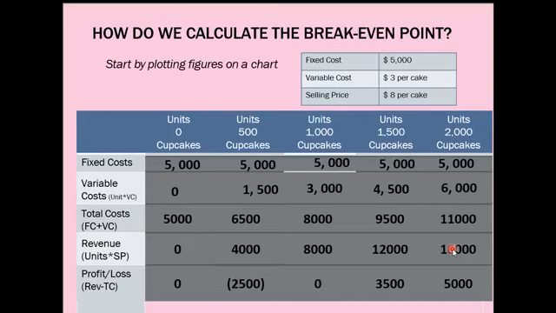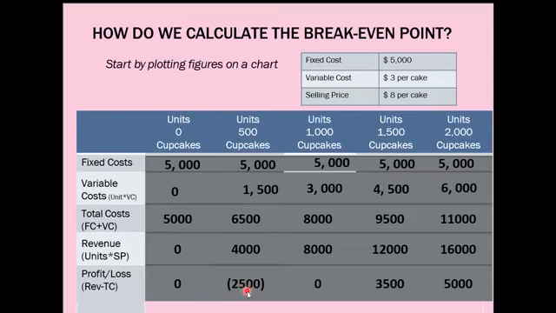The question is this: what is our profit? How do we calculate our profit? Our profit is simply revenue minus total cost. When we produce 0 units, we never add anything. It was a 0. When we produced 500 units, we were in the loss region.